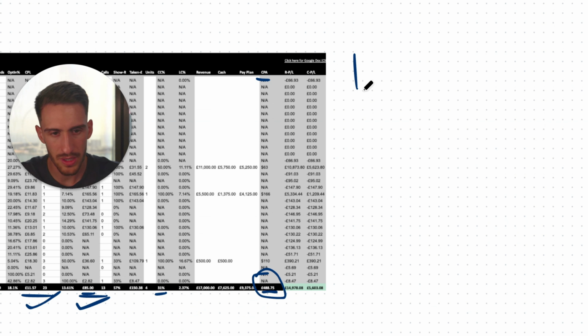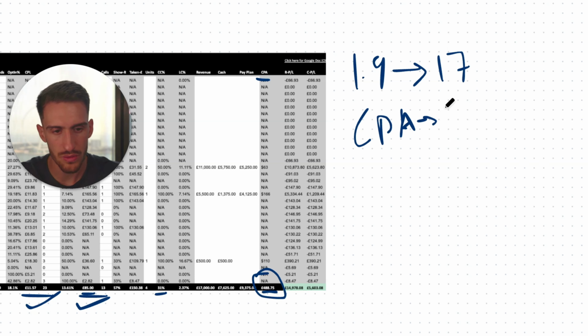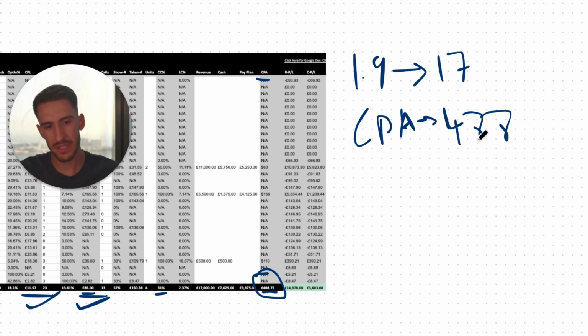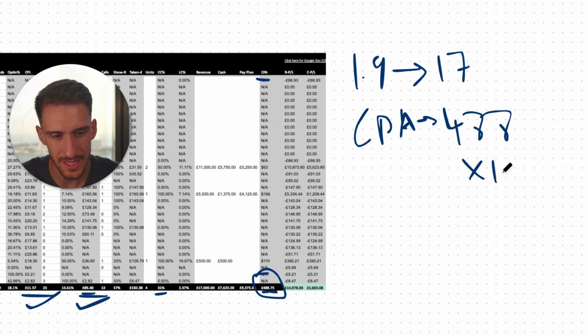So I spent 1.9k, I returned 17k, and my CPA was £488, right? So all that means for me now is, how many customers do I want in a month? Okay, so if I want 10 customers in a month, I just times this number by 10.